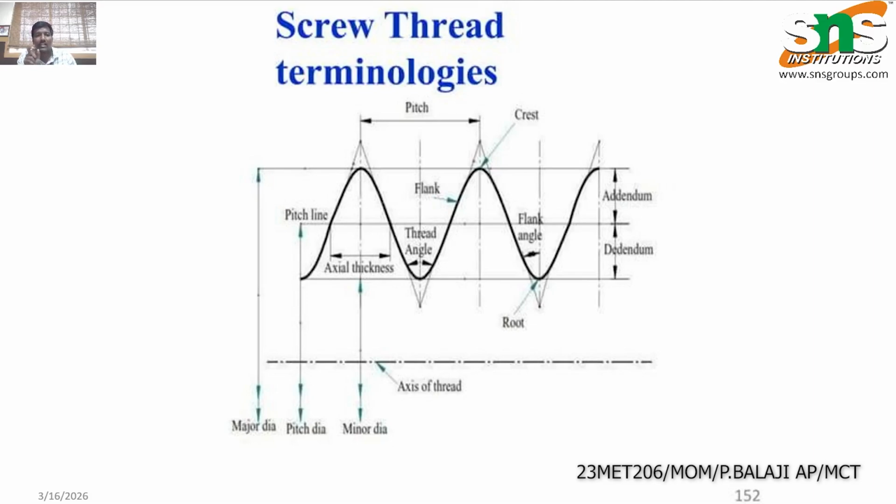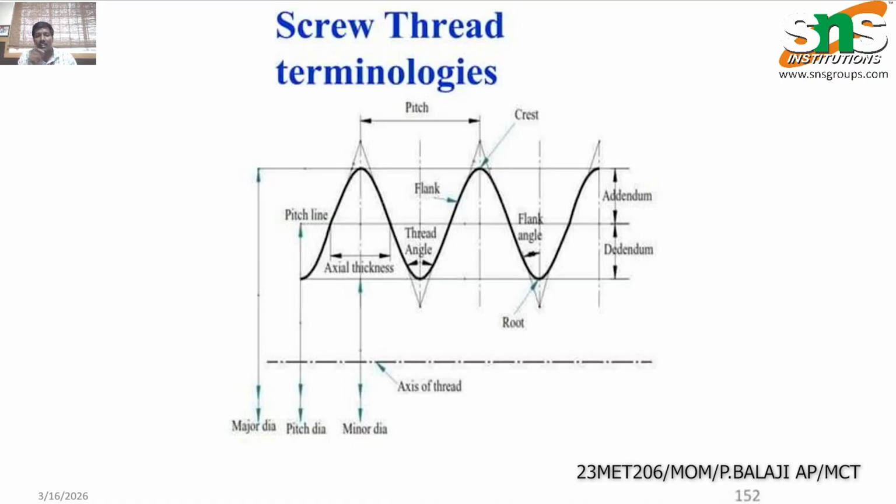The angle between the two flanks is called the thread angle. A flank is the surface running from the top, the crest, to the bottom, the root. The angle between the two flanks is the thread angle. It also has dedendum and addendum lengths. The distance from the top to the bottom, crest to root, is called the addendum.